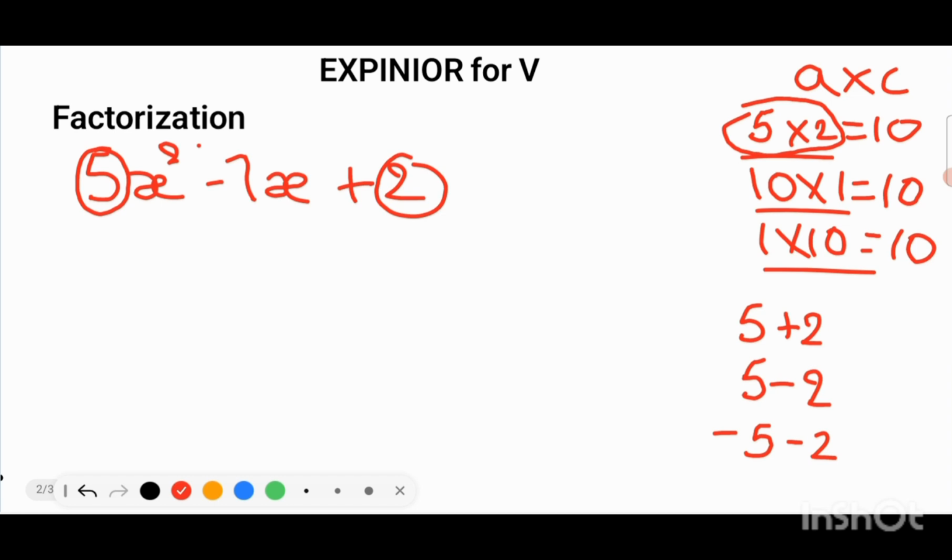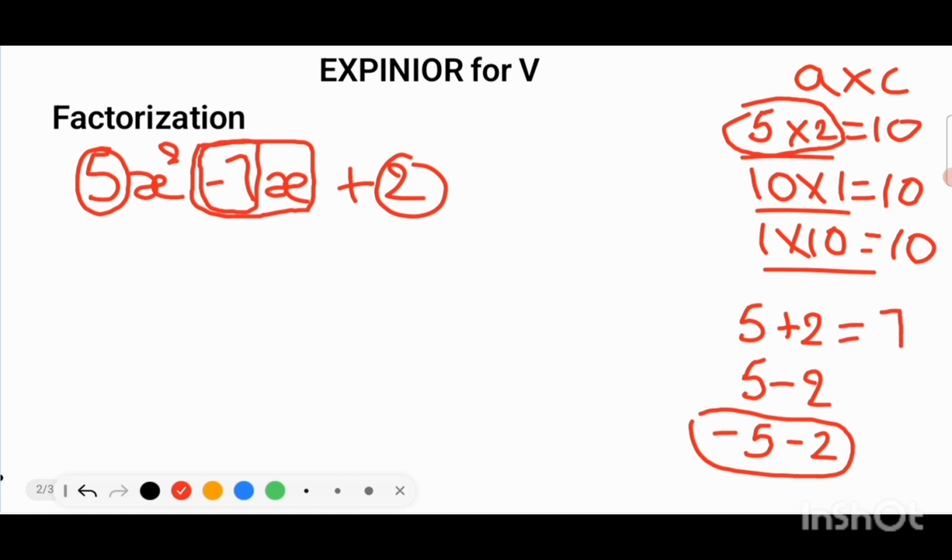Even if you add, subtract, or do anything else with these two numbers using addition and subtraction, you have to get the answer as minus 7. So 5 plus 2 is plus 7. We want minus 7, so plus 7 is not equal to minus 7. 5 minus 2 is equal to plus 3. So plus 3 is not equal to minus 7. Minus 5 minus 2 is equal to minus 7.